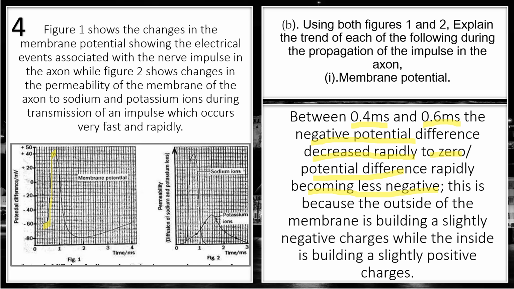So from 0.4 to 0.6, the negative potential difference decreased rapidly to 0. This is because the outside of the membrane is building a slightly negative charge, while the inside is building a slightly positive charge.